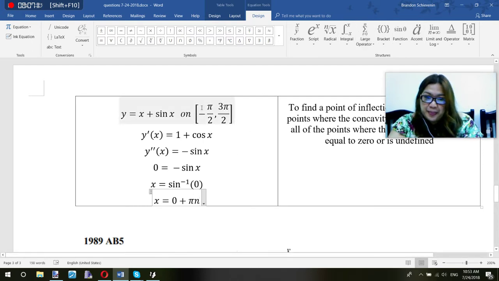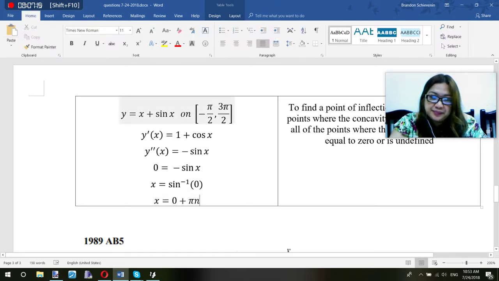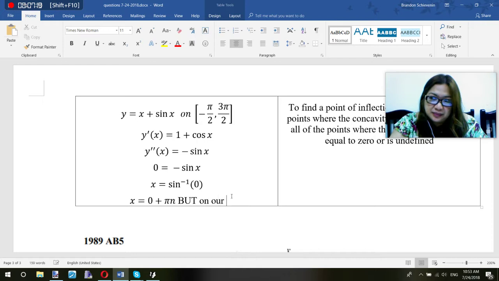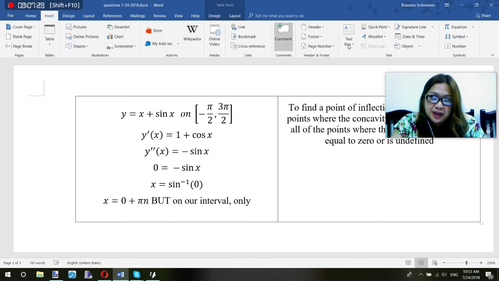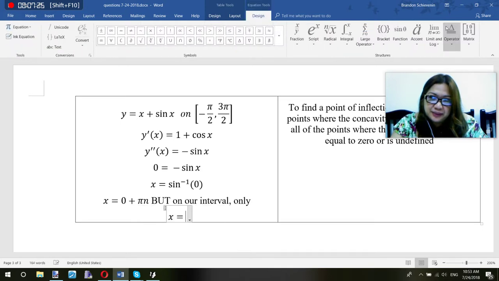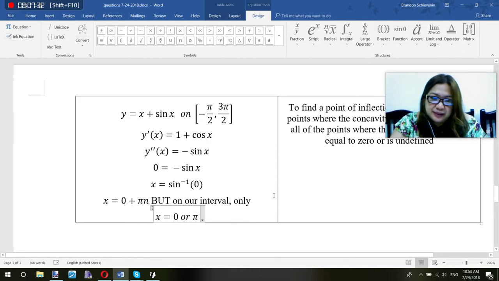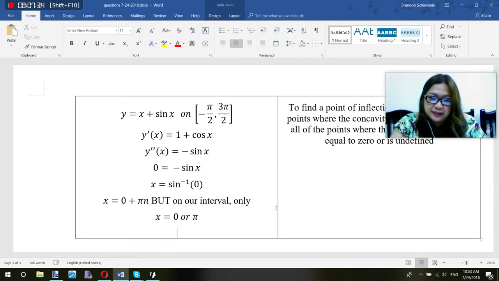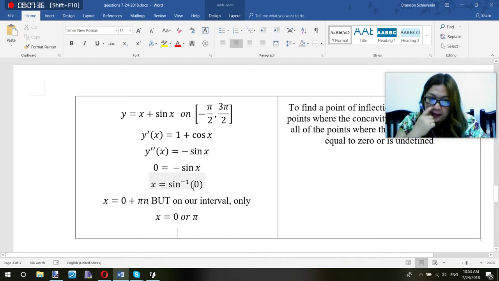We're only going from negative pi halves to 3 pi halves. So which of these values is on this interval? I can use 0, and I can use pi. Perfect. So only 0 or pi will work for those points where the second derivative is equal to 0.